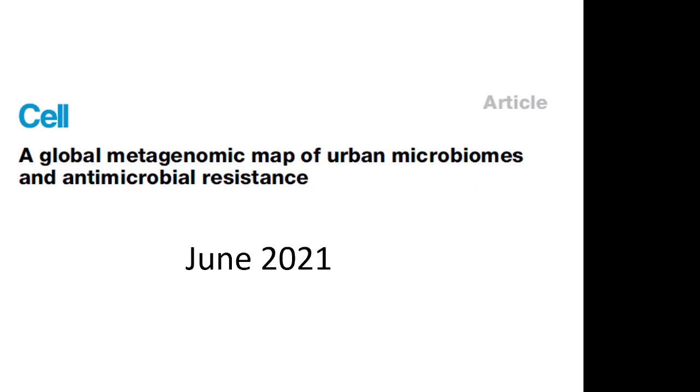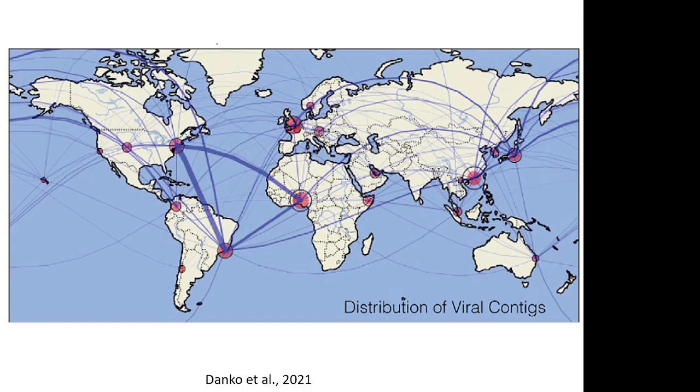They published a paper in Cell 4 years ago with this title, A Global Metagenomic Map of Urban Microbiomes and Antimicrobial Resistance. And this is a figure from that paper. Please ignore the edges that flow from these red dots from one to the other. I just wanted to show you the extent of the sampling that they did.